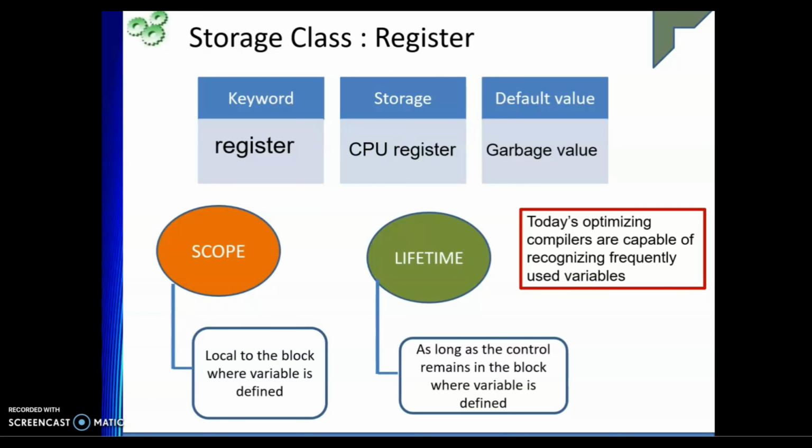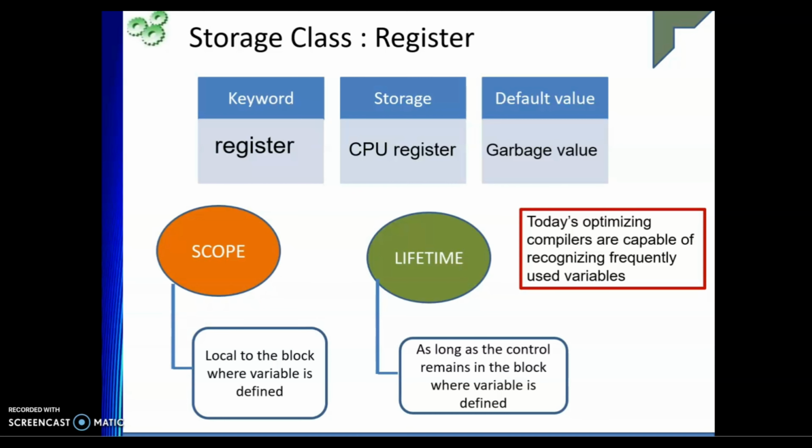One very important thing is that today's compilers have the capability to optimize and recognize which variables are frequently used. If the compiler finds that a variable is frequently used, it can optimize and put this variable into a register. By itself, giving the keyword register doesn't mean the compiler has to use it.